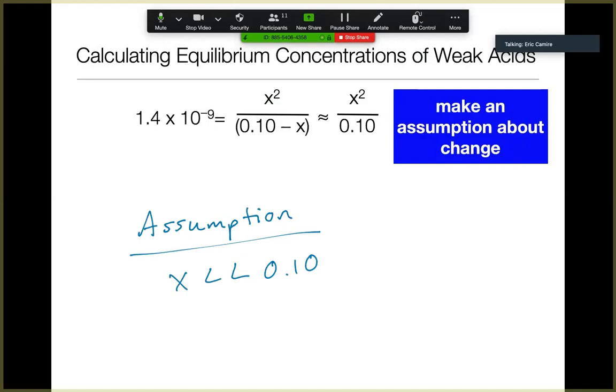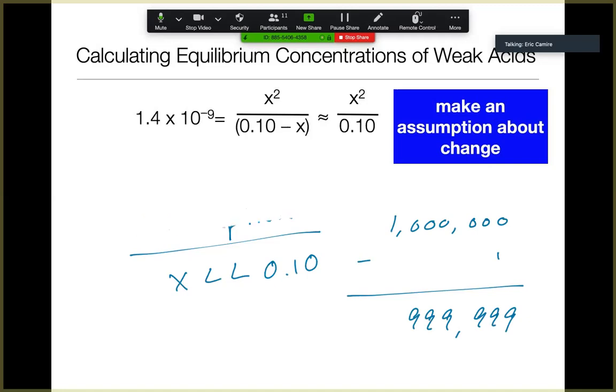And so if X is super small compared to 0.1, that's like that 1 million example I gave you before. If you have a million and you only subtract something small from it, 999,999 is approximately a million. That's a reasonable assumption to make.